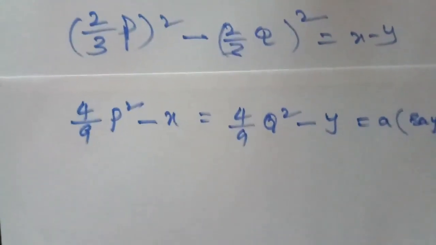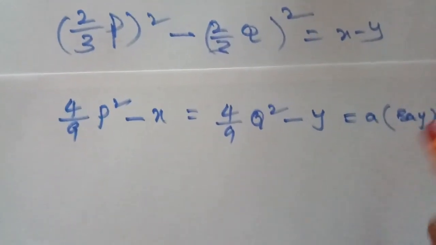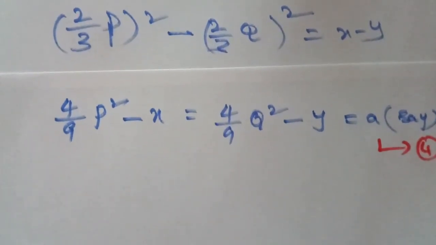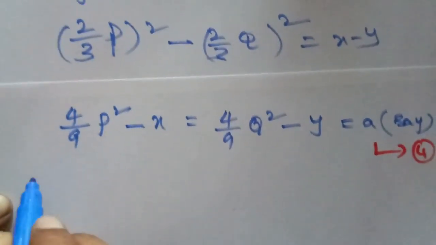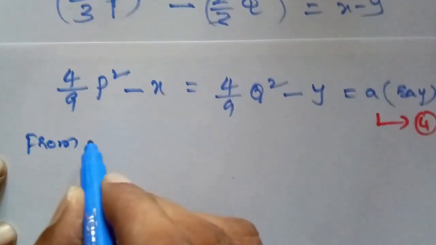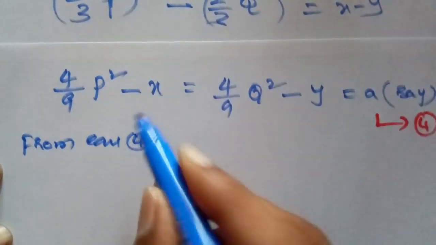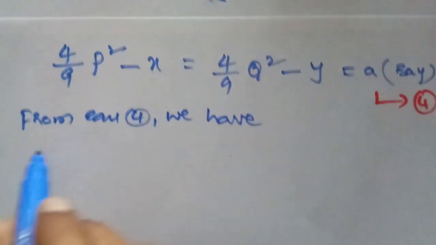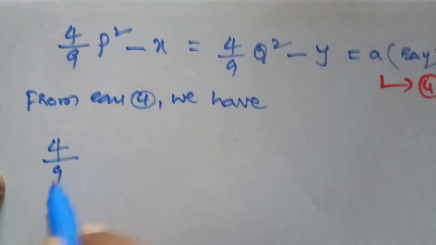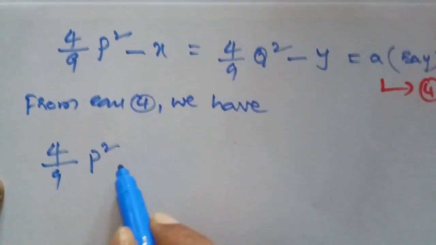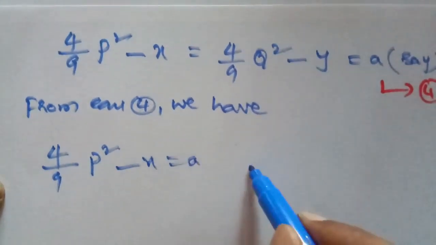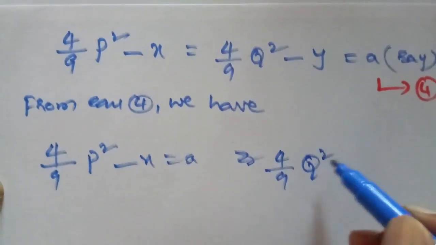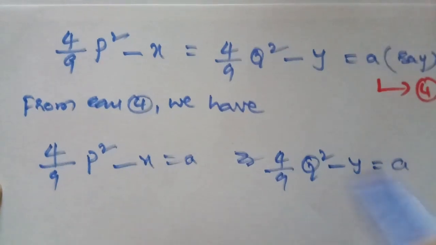Say this is equation number 4. From equation number 4 we have 4 by 9 p square minus x is equal to a, and 4 by 9 q square minus y is equal to a.